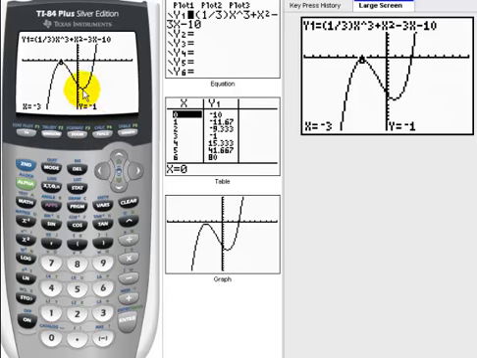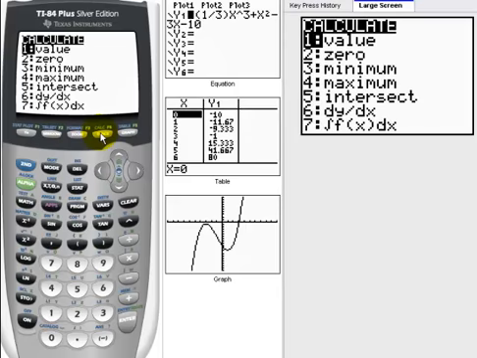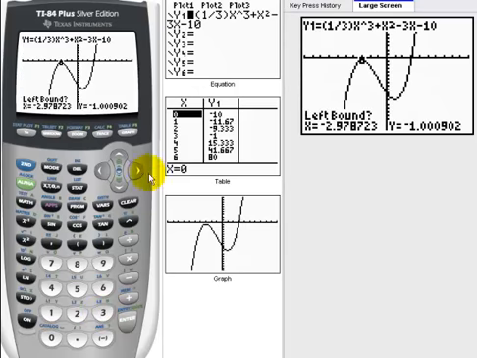So to find this minimum, I would in essence really do the same thing. I'm going to hit second trace, and in this case I'm finding a minimum, number 3. So I'm going to punch number 3 to find a minimum. I'm going to basically go through the same procedure, but now I'm going to do it with the minimum. So I'm going to move my blinking cursor about where I think the minimum is, and the first thing it's asking for is a left bound.